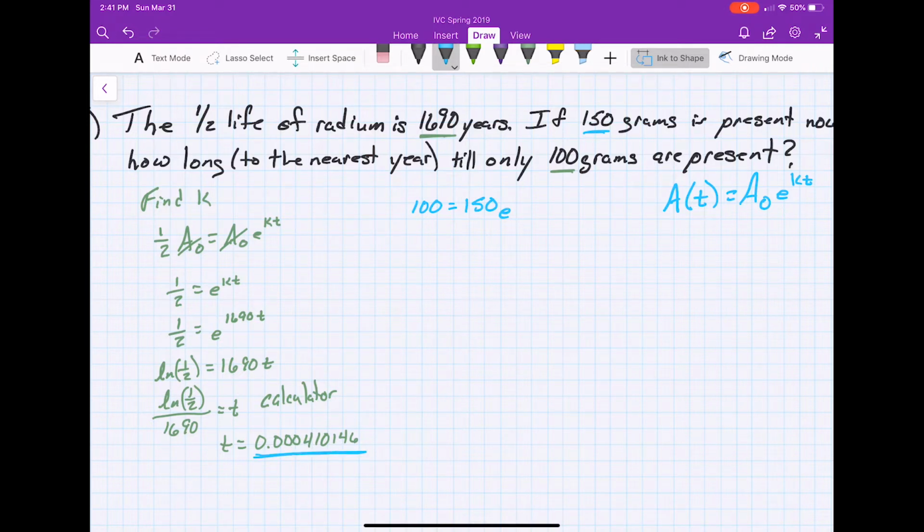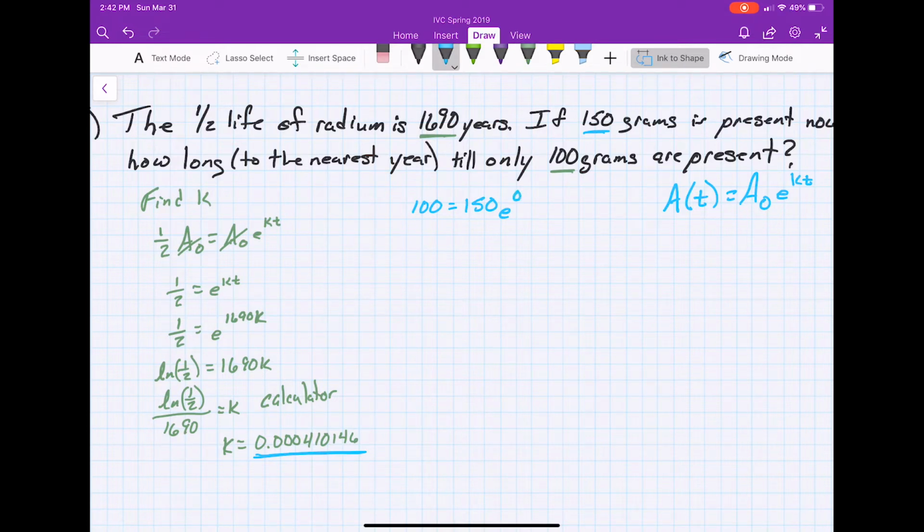Oh, why did I do all this? Kind of messed up here. We were looking for k. These should all be ks. My bad. That should be a k, and that should be a k. So k, k, k, and k. So that's our k value, not our t value.